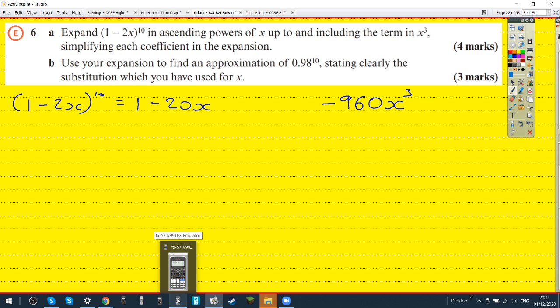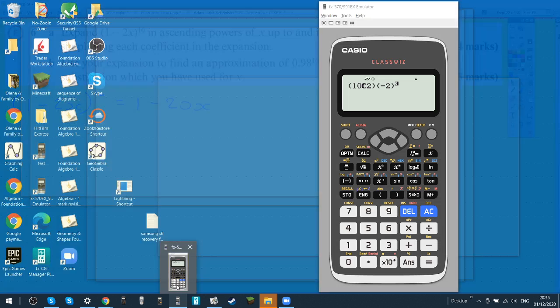So would I write it out as 10 choose 2 squared, 1 to the power of 7, minus 2 to the power of 2? 10 choose 2 is just 10 choose 2, not squared.